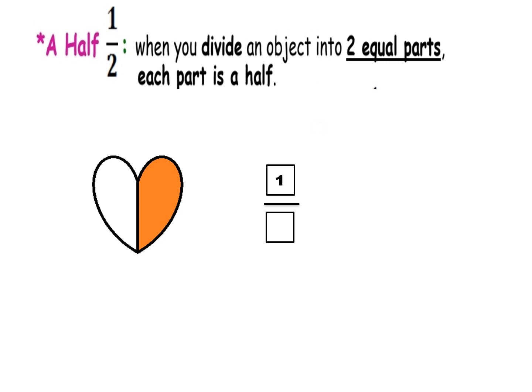I colored only one part of 2, so it looks like this. And don't forget that the upper number is called the numerator and the lower number is called the denominator. So this is called a half, and it is only 1 out of 2. If you divide an object into 2 equal parts, each part is called a half.